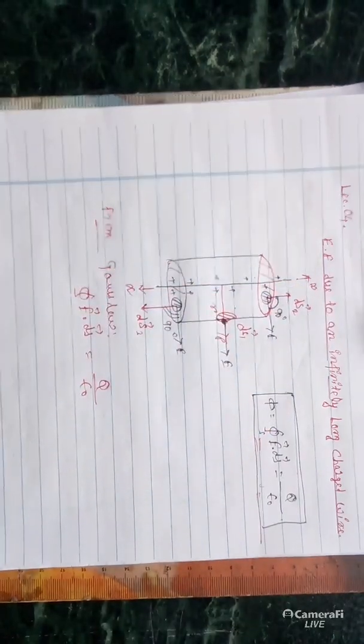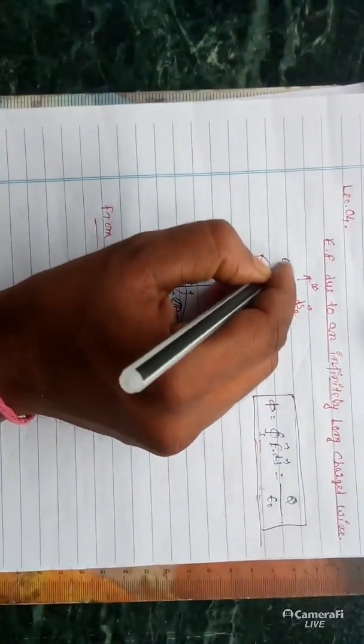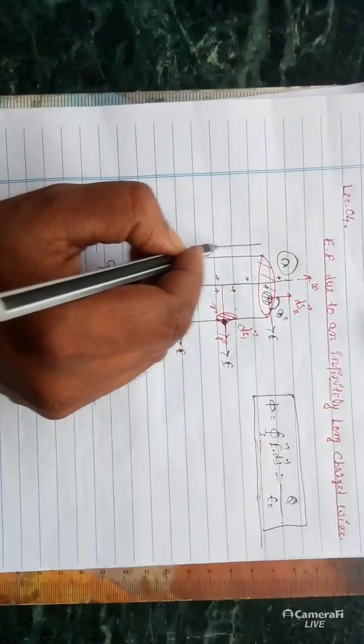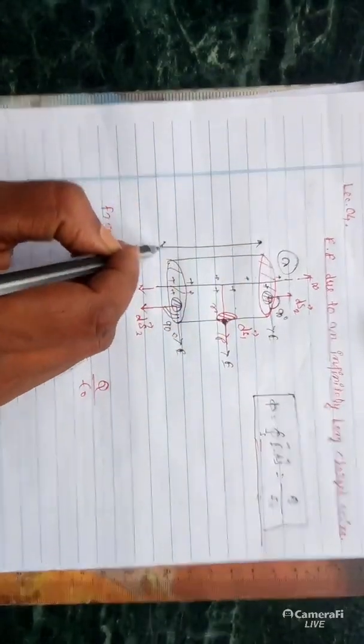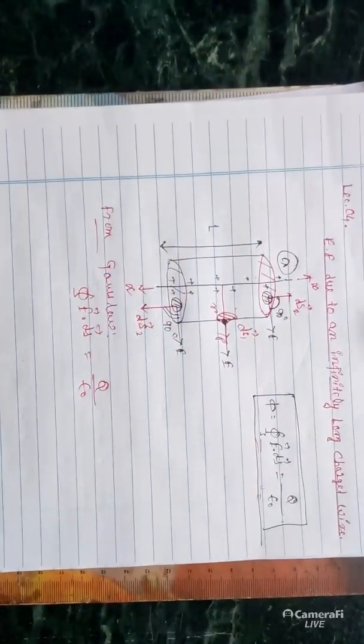Now this is a linear charge distribution, so the linear charge density is lambda, and the length of this cylinder is L. Clear?